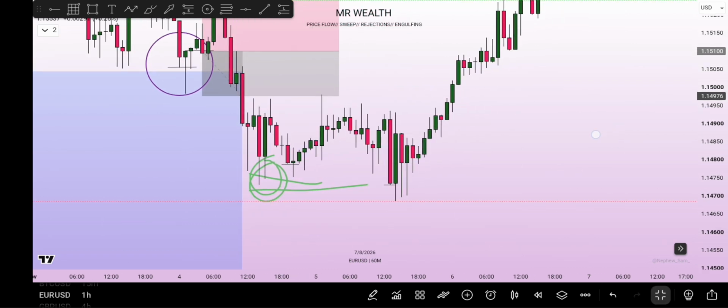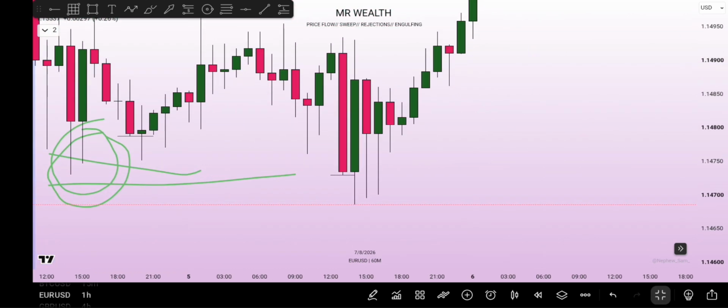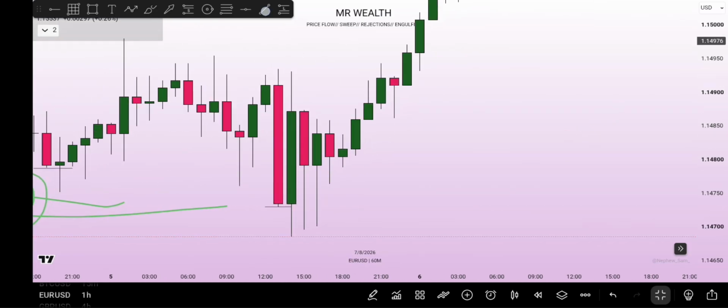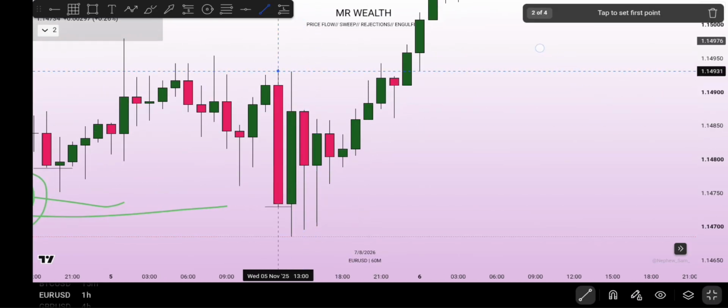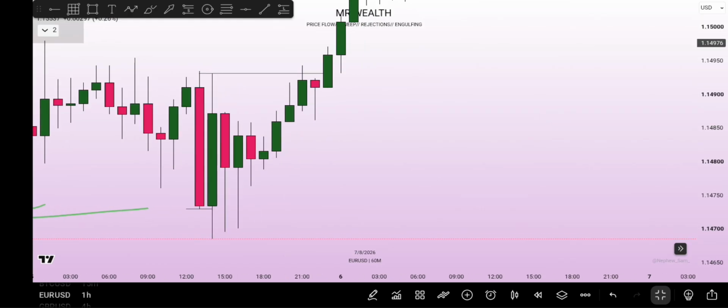To the upside. After then, the market went up and engulfed. It broke with the body. What we just need is breaking with the body.